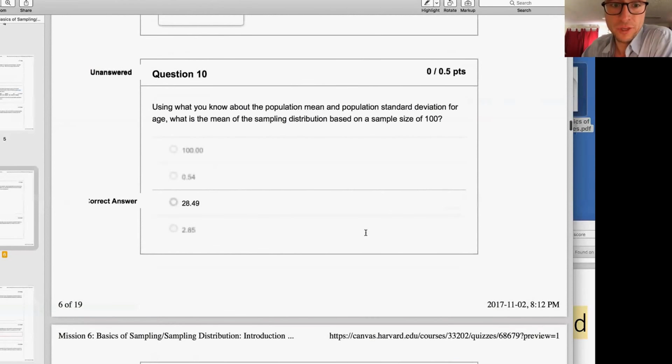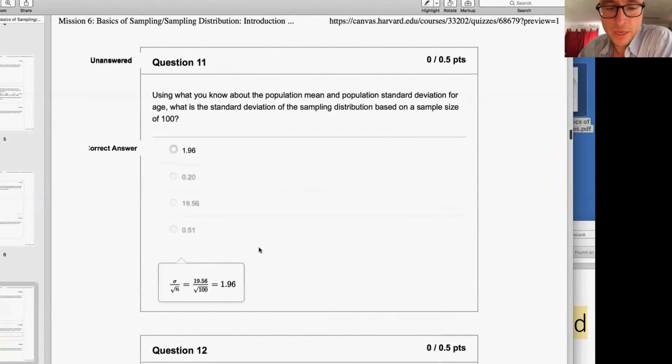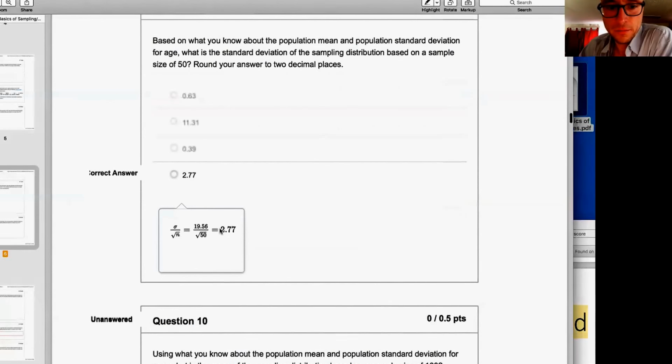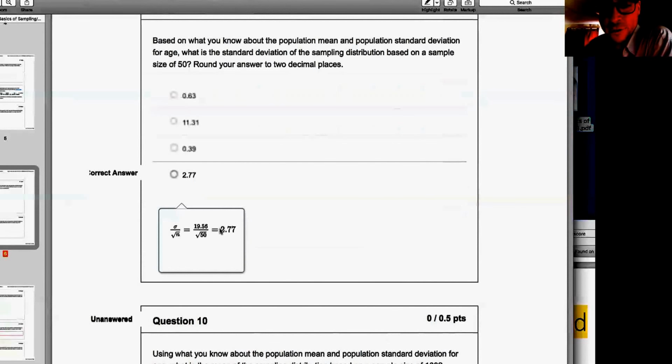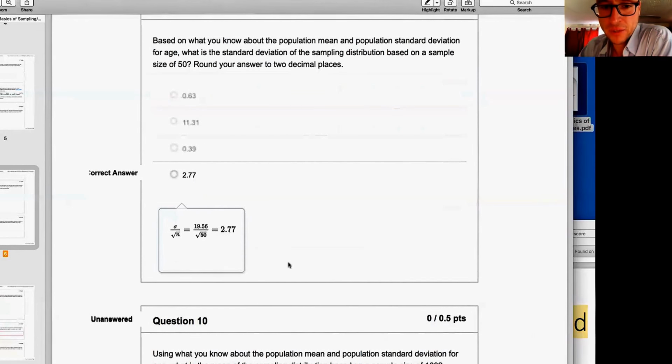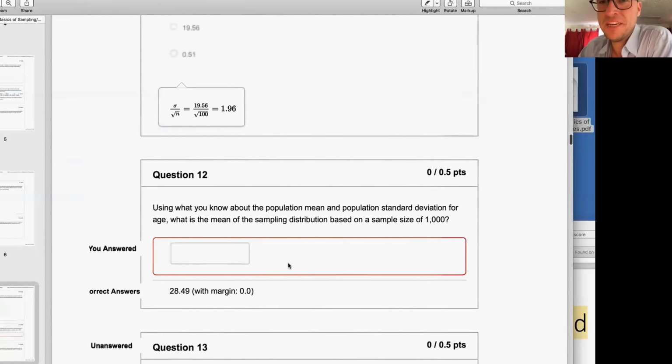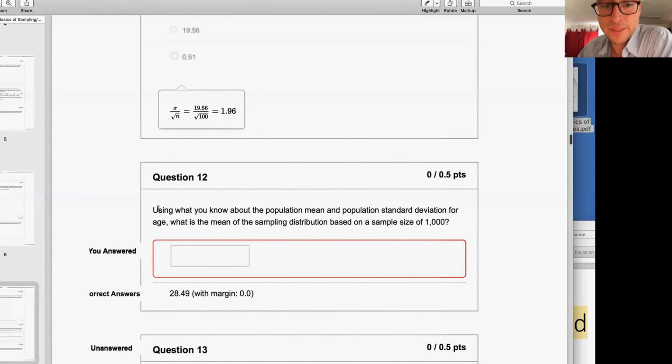So if we think about the interpretation, you could say, okay, we would estimate on a sample size of 100, that's going to converge on 28.5, the average age, plus or minus, on average, it's going to vary by about a year. Now, we doubled the sample size, but we only decreased the standard deviation of the sampling distribution by 0.77, right? So we went from about 3 to 2, even though we doubled the sample size. So the point is we have diminishing gains the greater the sample size.